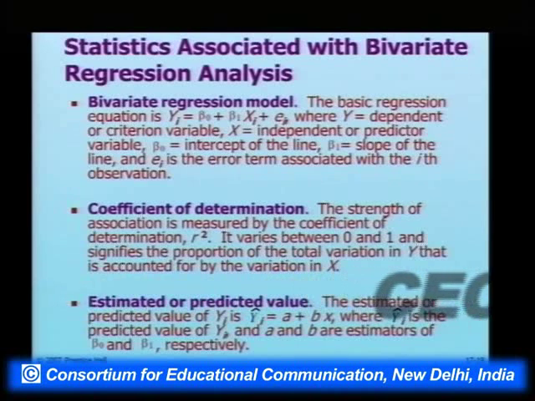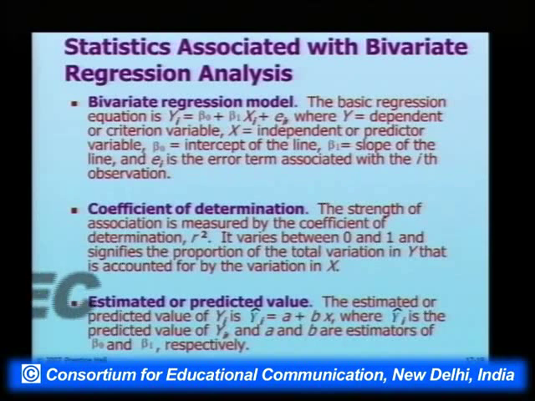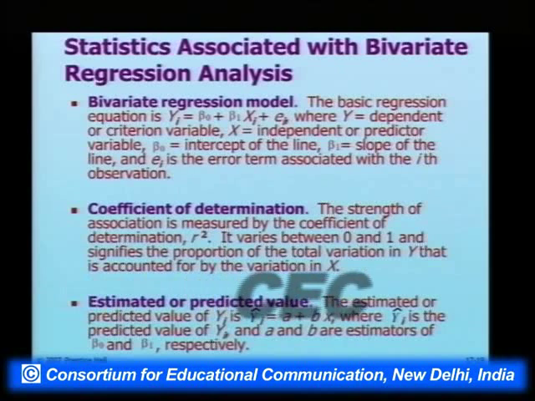Then the coefficient of determination. We have already discussed that r square signifies how much of the variation, or what percentage of variation, is explained by the independent variables. This lies between 0 and 1.